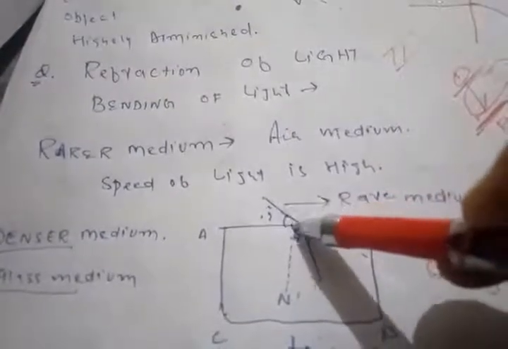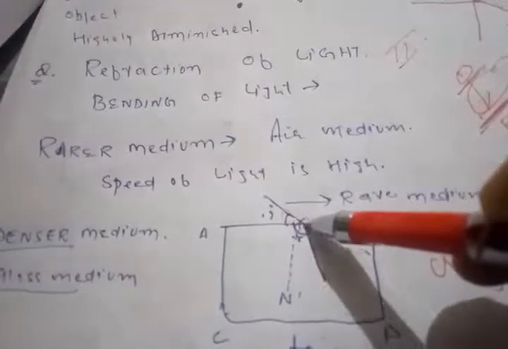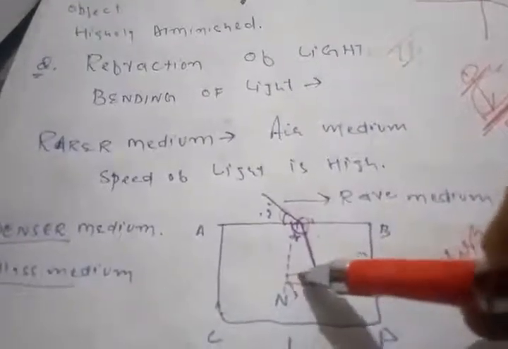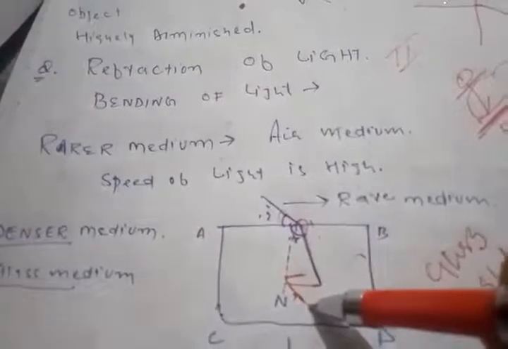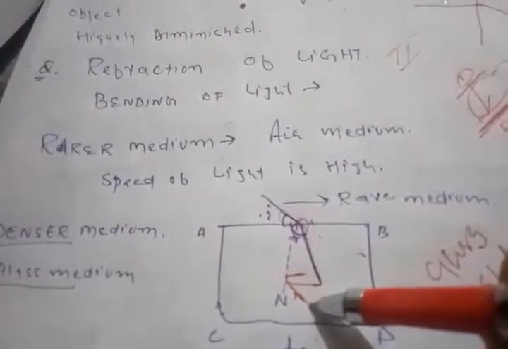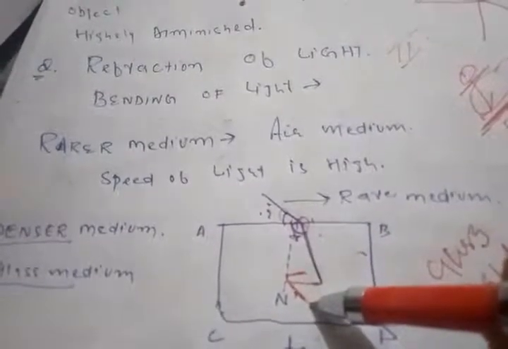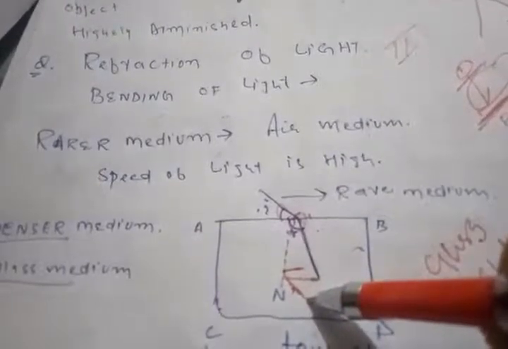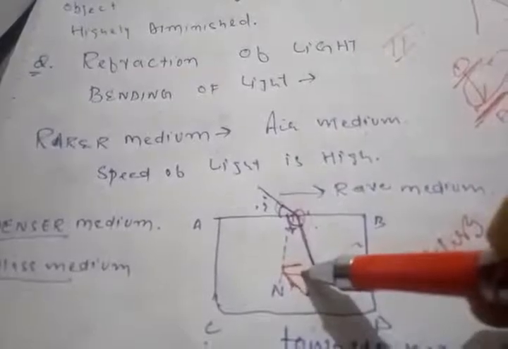After striking the glass slab, it passes through, bending towards the normal, not away from the normal, towards the normal. When a ray of light coming from a rare medium passes into the glass slab or any denser medium, the speed and intensity of light also get reduced, and the bending of light takes place towards the normal.